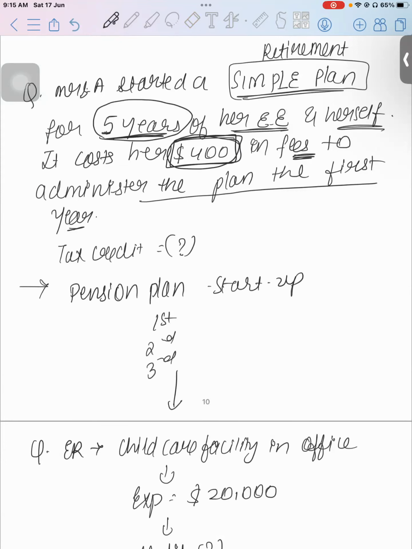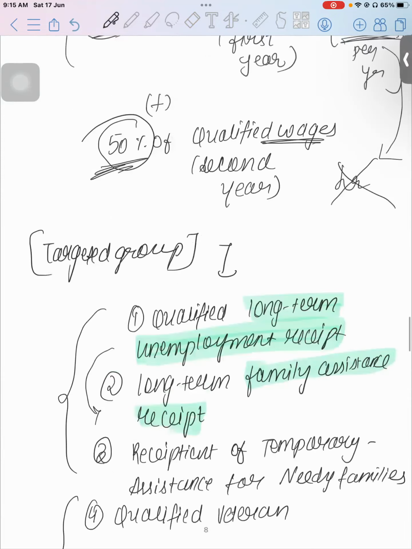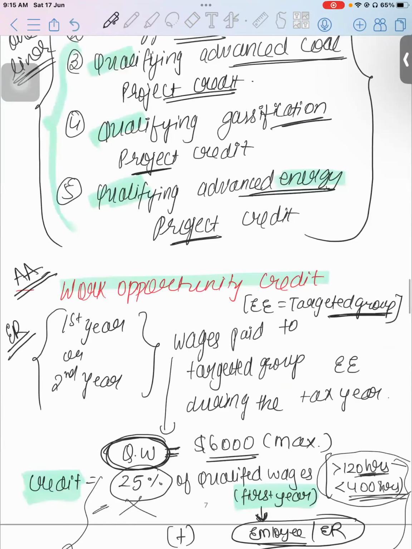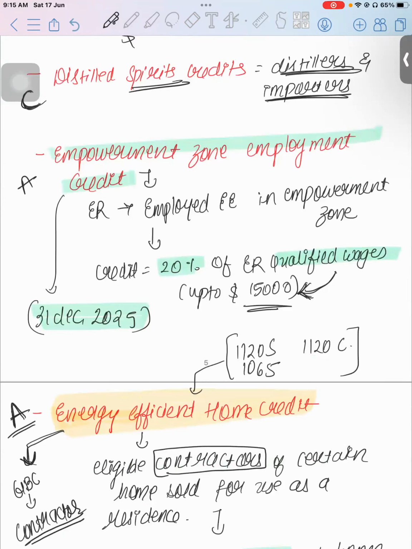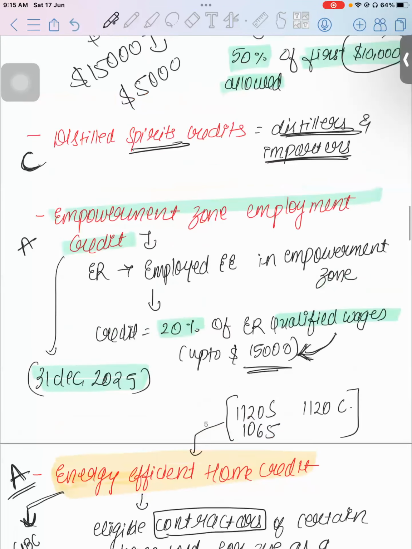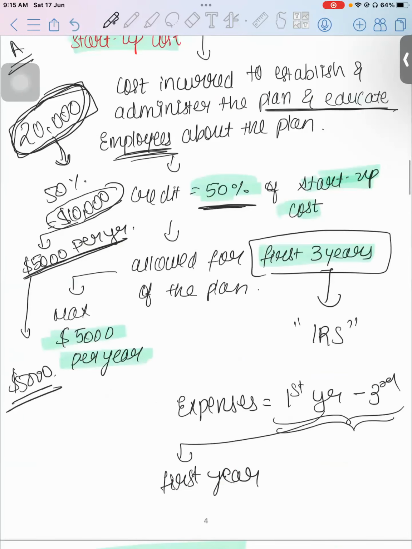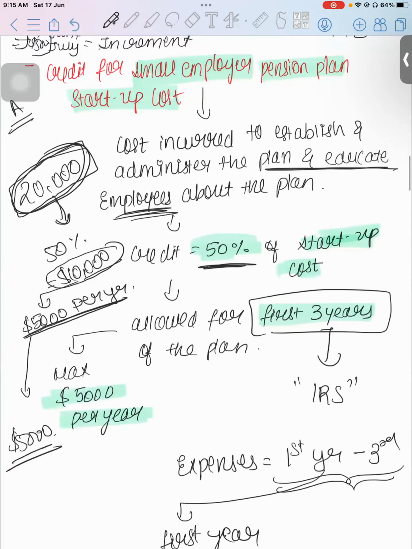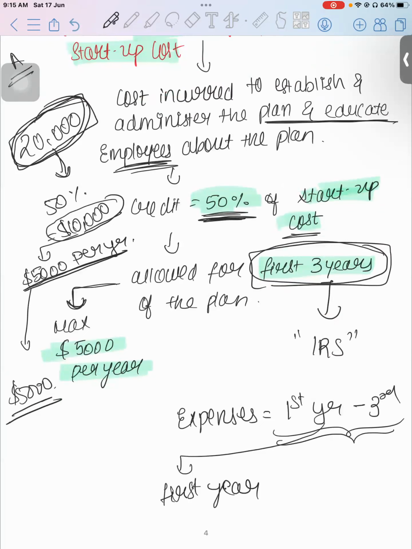Can anyone tell me? 5,000 for the first year... You can only get credit for the first 3 years. Yes. For the first 3 years, it is 50% of the startup cost and a maximum of 5,000 per year you can get.